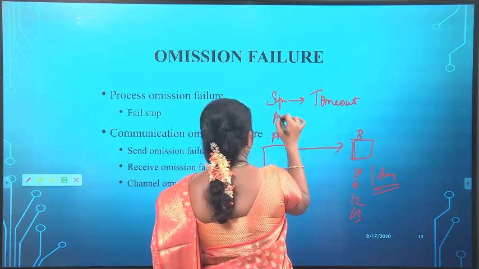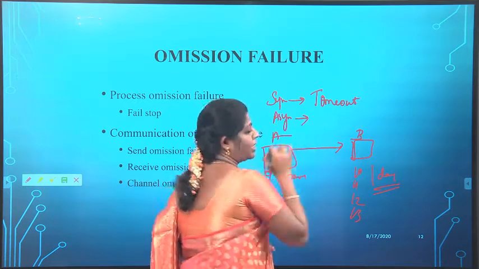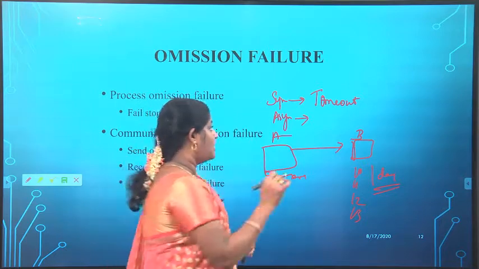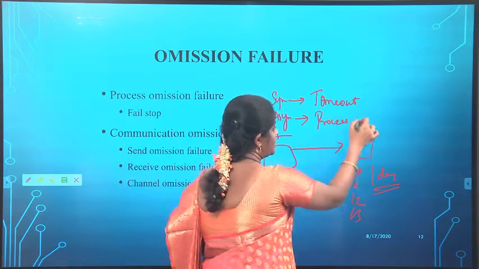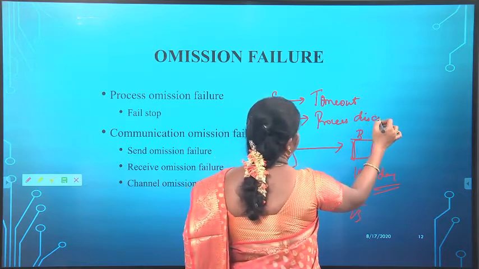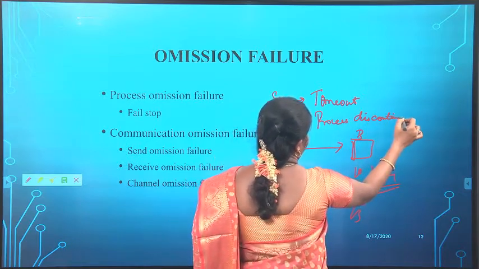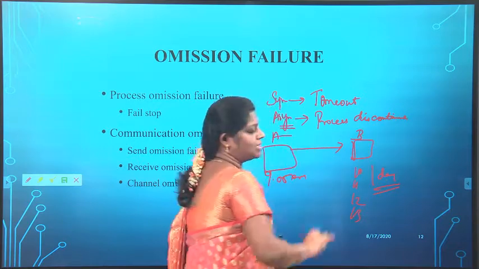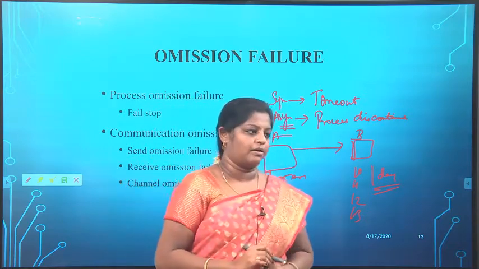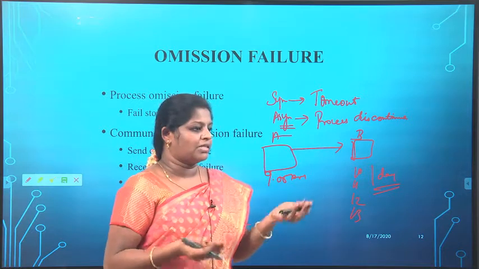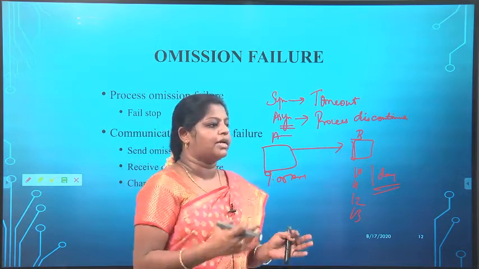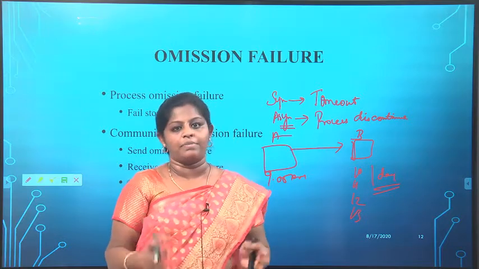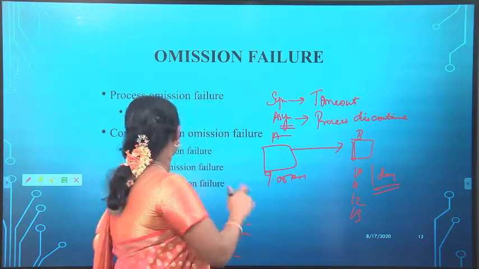If it is an asynchronous system, you can tell that the process discontinued, that means you are not getting any response, and then you can decide there is a process failure. The process crash is called a fail stop if other processes can detect with certainty that the process has crashed. That is what fail stop is.